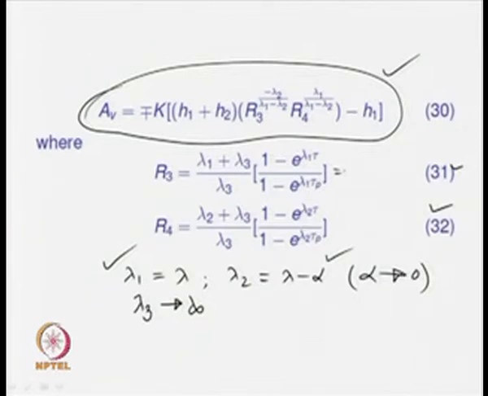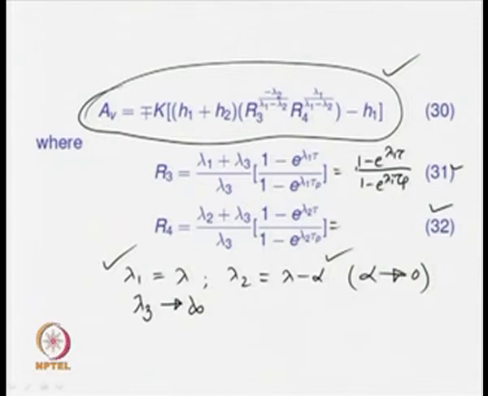Simply in the form, as I have done earlier, of lambda 1 by lambda 3 plus 1 times whatever you get. Since lambda 3 tends to infinity, this becomes 0 and you simply get an expression of the form 1 minus e to the power lambda 1 tau upon 1 minus e to the power lambda 1 tau p.